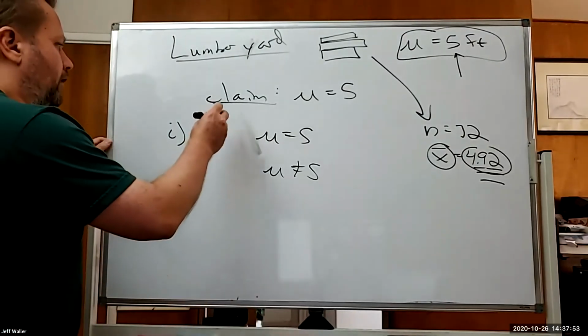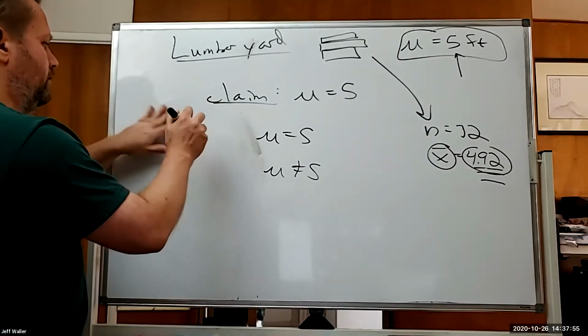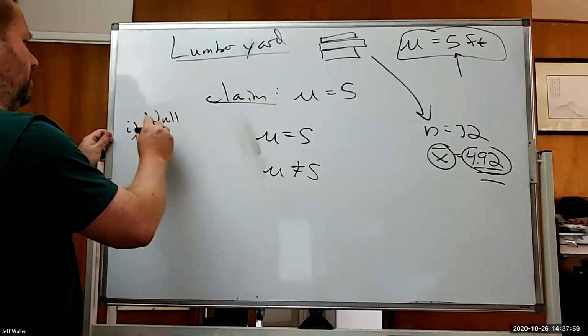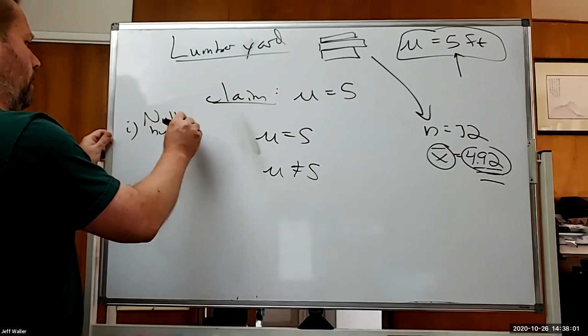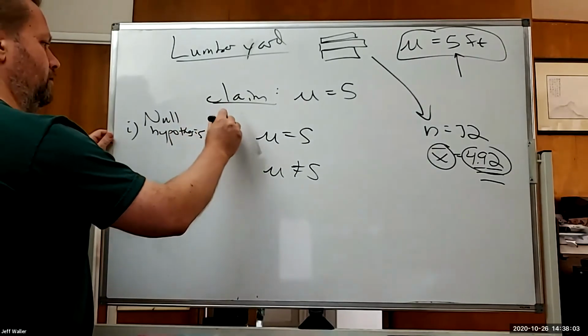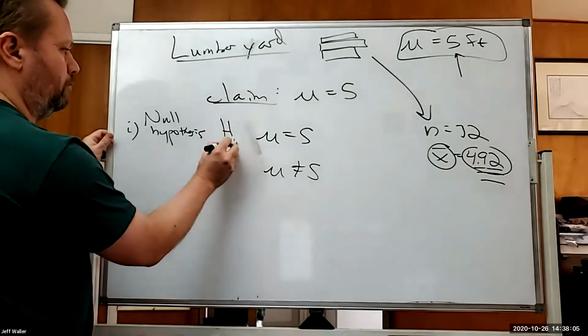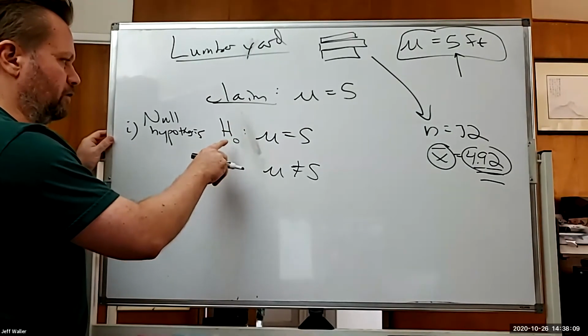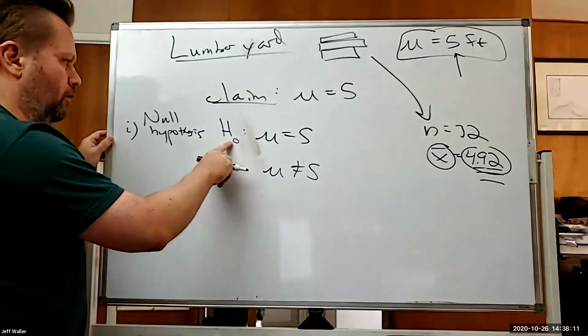So we have a hypothesis called the null hypothesis. It's just H with a little 0 on it, so I will refer to it as the H-naught.